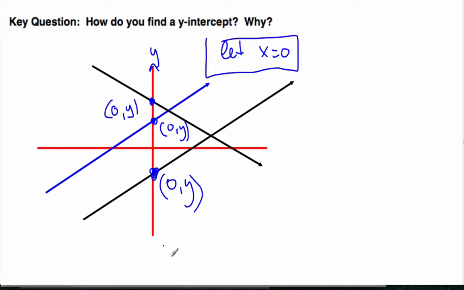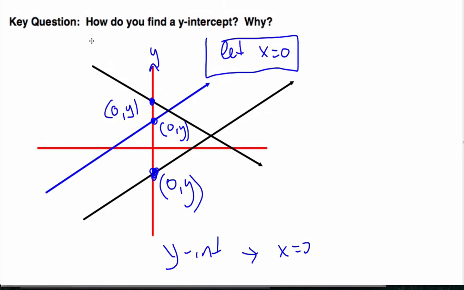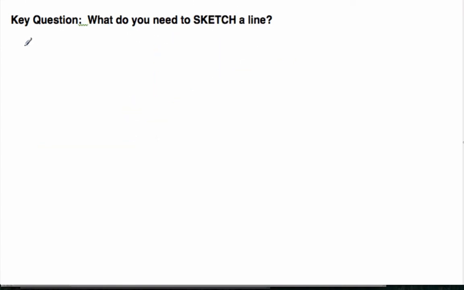So if I want the y-intercept, then x equals 0. If I want the x-intercept, then I want y to be 0. So they're opposite. There's a pattern there. These are really important questions that you have to make sure you internalize the answers to. And then finally, the key question is, what do you need to sketch a line?